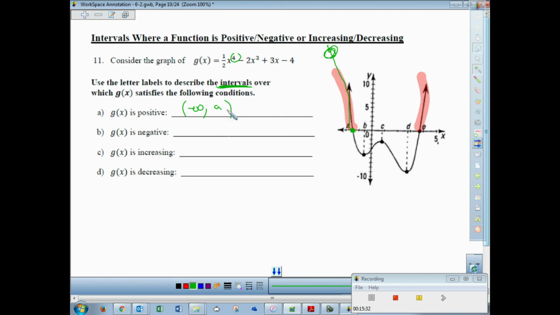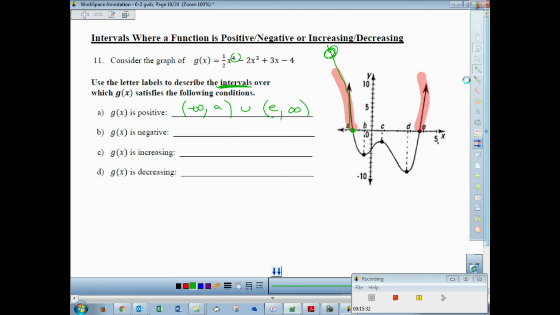Is there another interval where it's positive? So how do I put them together? Union. Where does it start from? E. Does E count? No, because it's on the x-axis. That's at 0, and it goes to infinity. That's where that thing is positive at, from negative infinity to A, not included, union E to infinity.